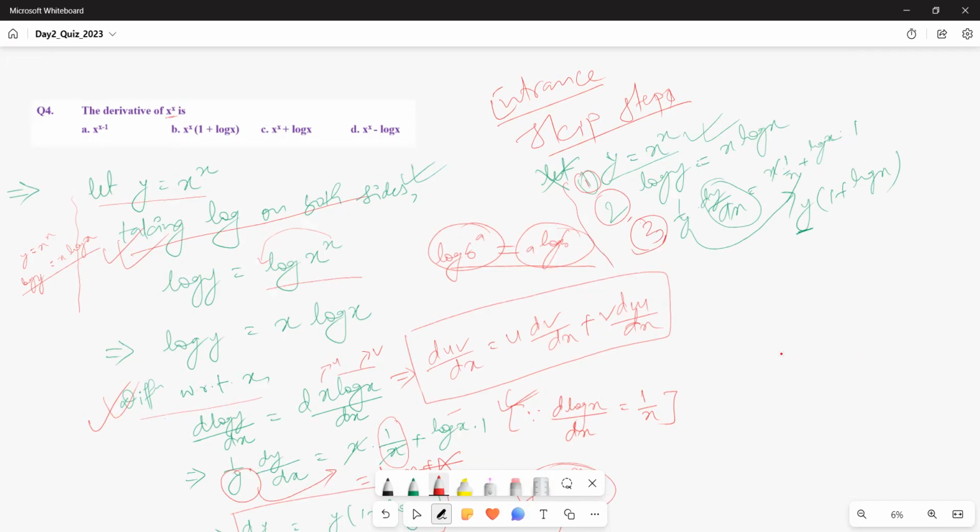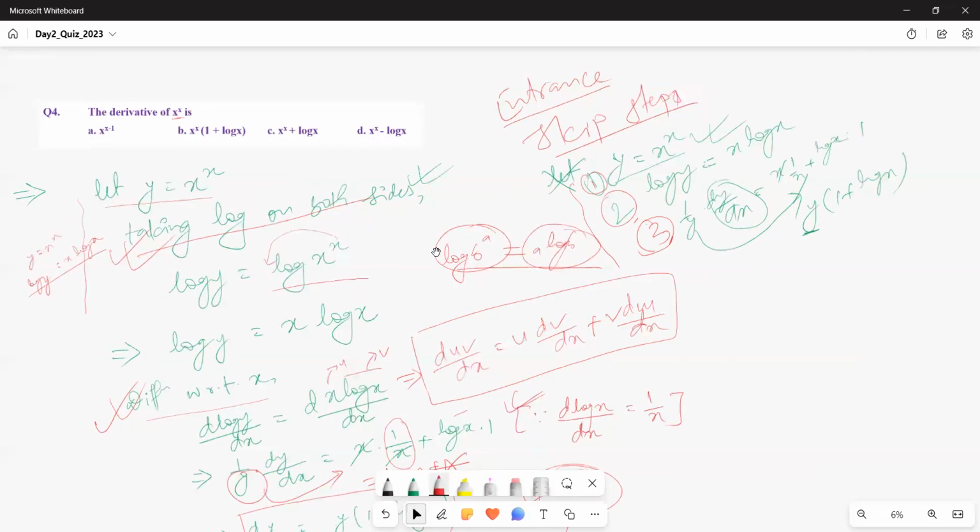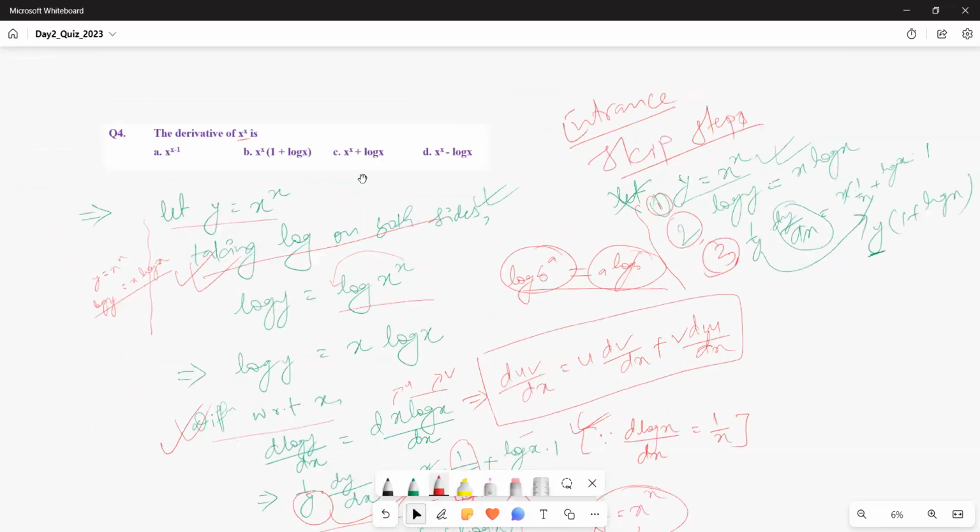This is the trick and tip. Otherwise, guessing will not work, and you cannot proceed with options in this case, because integration is tougher than differentiation. So for this question you have to work from the question itself, but skip the rough steps and calculation things. Just think in mind and write only the necessary things.